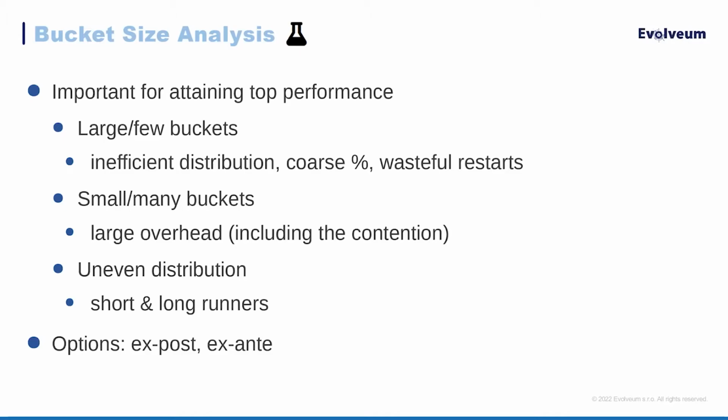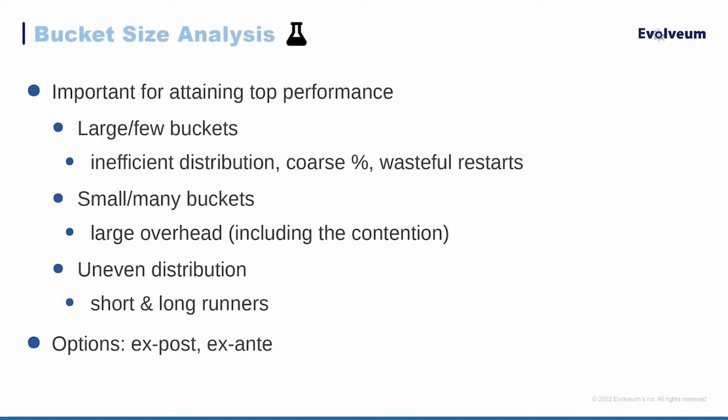rough information about percent completed, because currently the percent completed for bucketed tasks is shown as a percentage of buckets that are done. And also, if you suspend and restart the task with large buckets, there will be many objects that will be reprocessed.